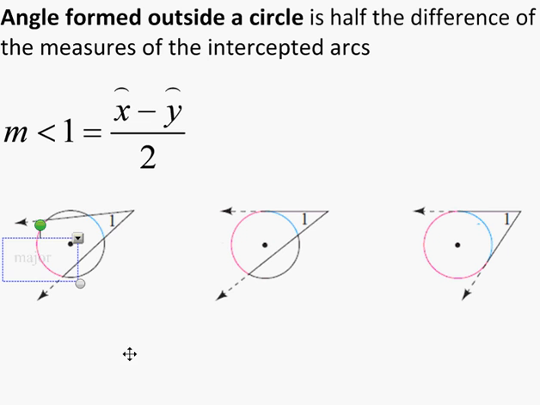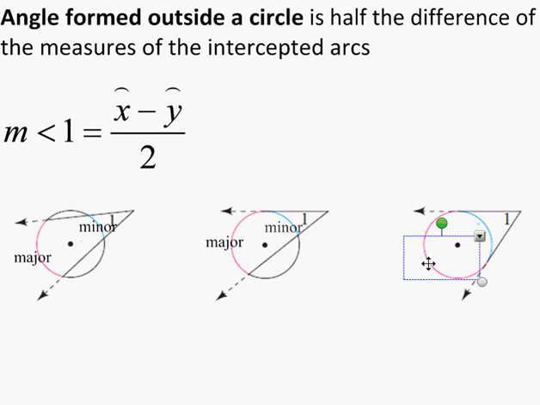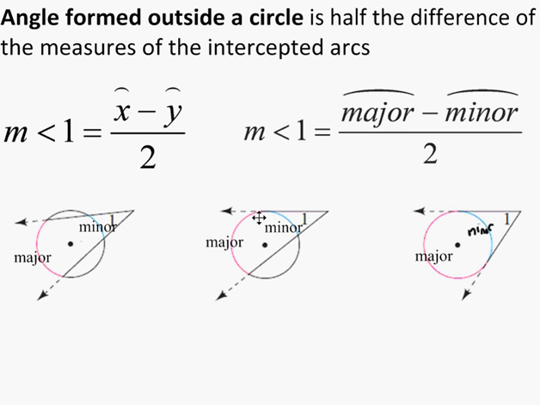We can call this major arc, this would be the minor arc, major, minor, major, and this is minor intercepted arc. And then the formula is just angle 1, which is the angle outside, is equal to the major arc minus the minor arc divided by 2.